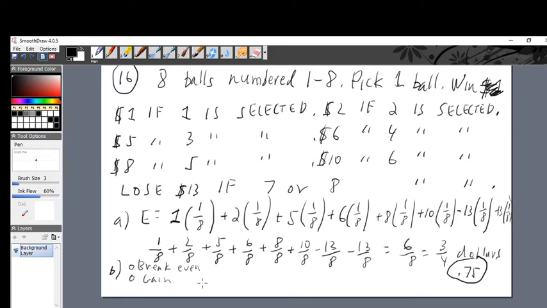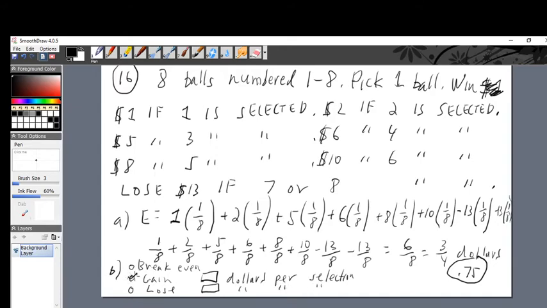And if you do, how many dollars do you gain per selection? And finally, the last choice is, do you lose? And if you lose, how many dollars do you lose per selection?